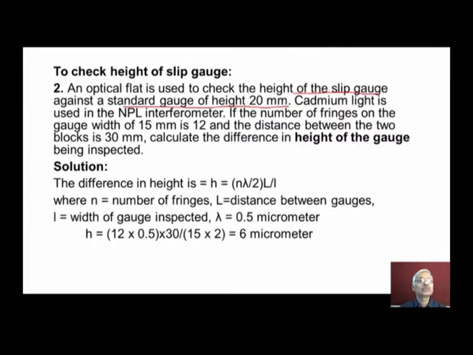Cadmium light is used in the NPL interferometer. If the number of fringes on the gauge width of 15 millimeter is 12 and the distance between the two blocks is 30 millimeter, calculate the difference in height of the gauge being inspected.